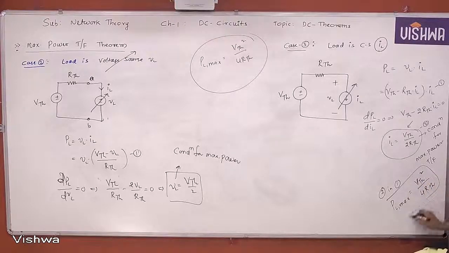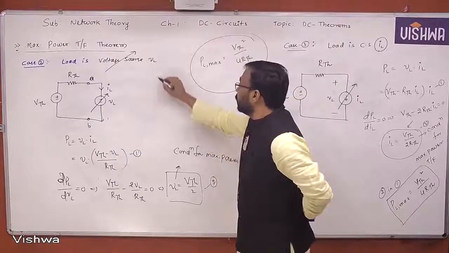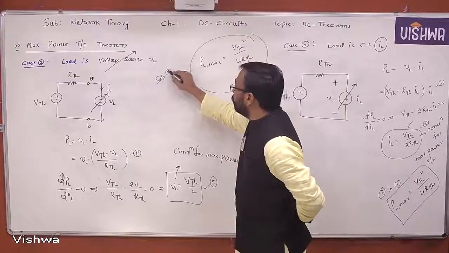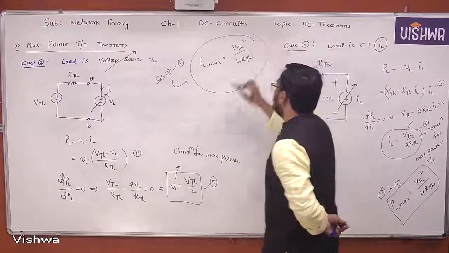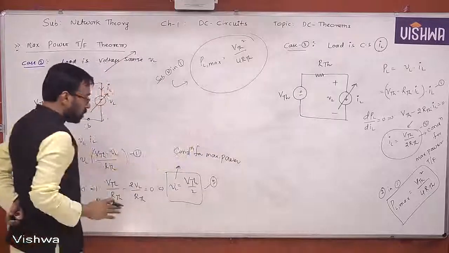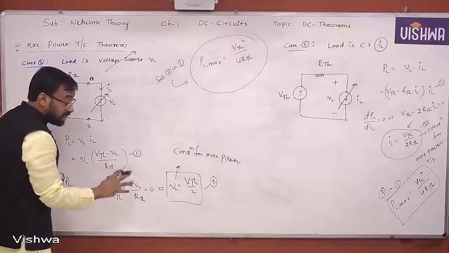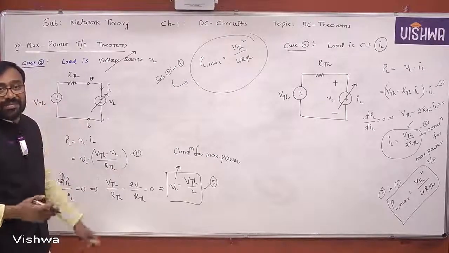This formula is the same for resistor, voltage source and current source when the load is, okay? Substituting equation 2 in 1, you will get this. So this is the maximum power formula, the same you are getting in case of resistor, voltage source, current source load, but the condition for maximum power transfer is changing when the load is changing, okay?